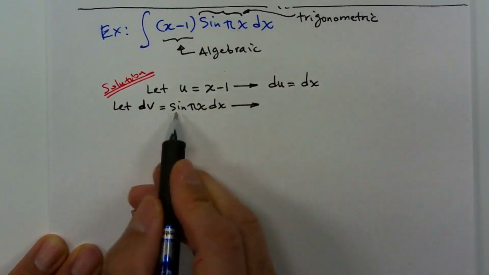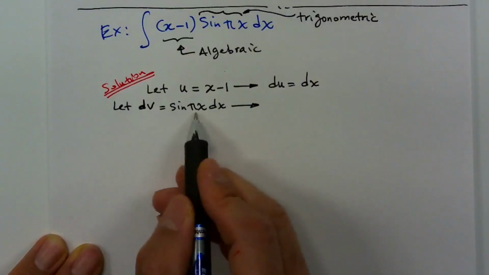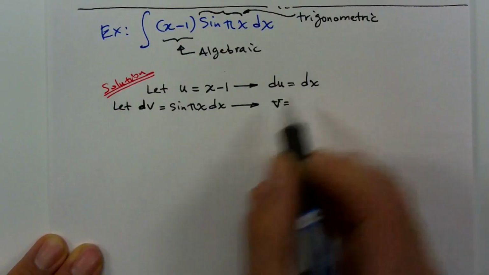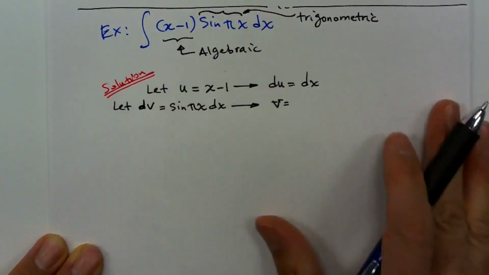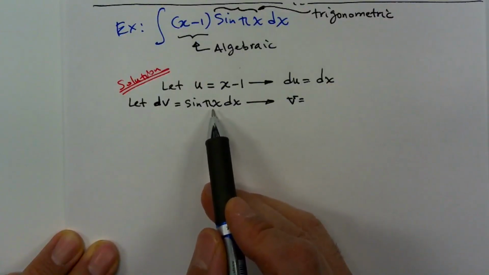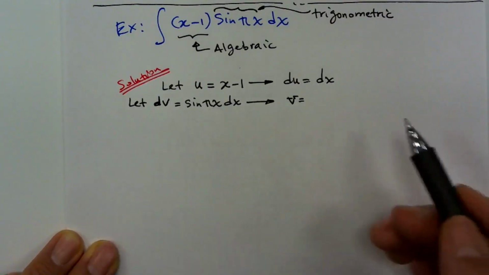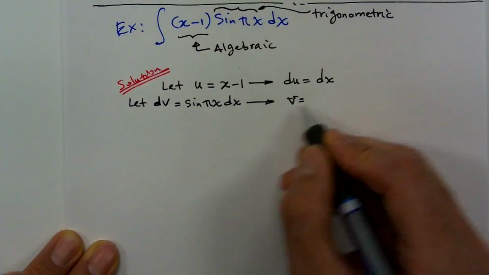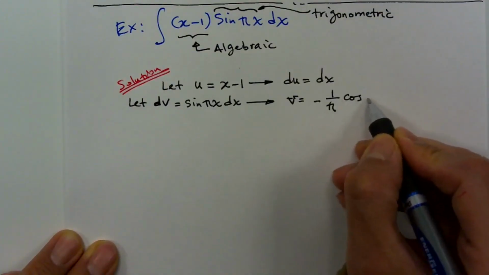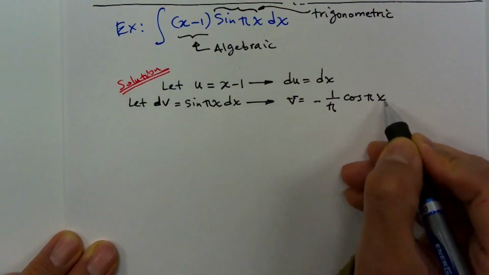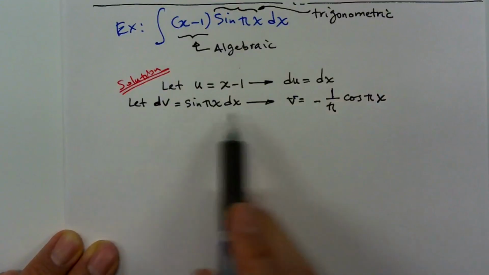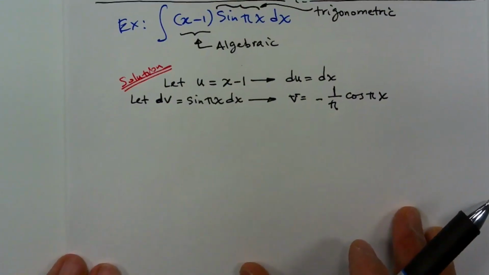So we're going to have to find the antiderivative of this, and that would be v. So that would be 1 over pi cosine of pi x, and of course, we have to have a minus in front, right? So we have minus 1 over pi cosine of pi x. Okay, given that dv, that's the antiderivative.